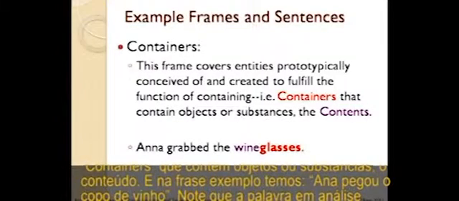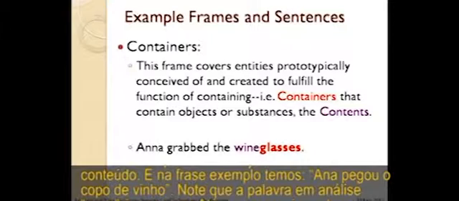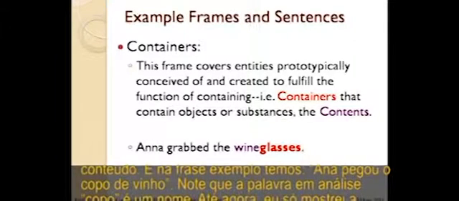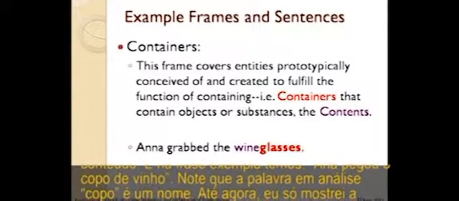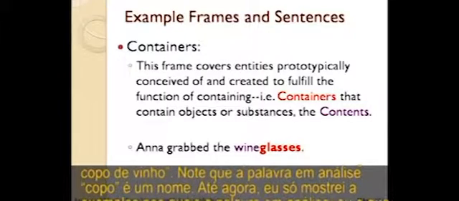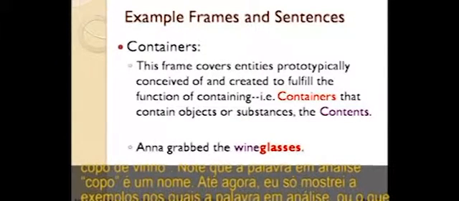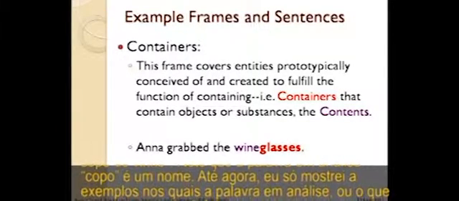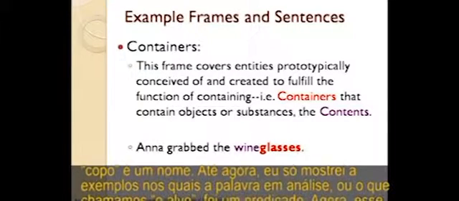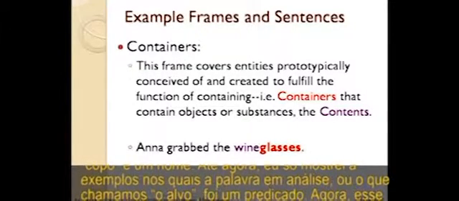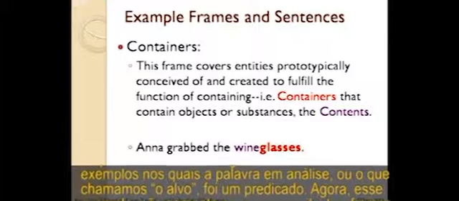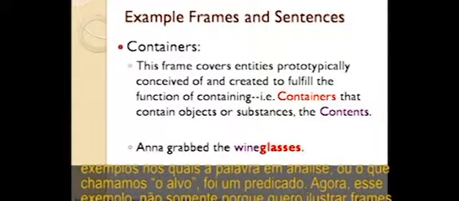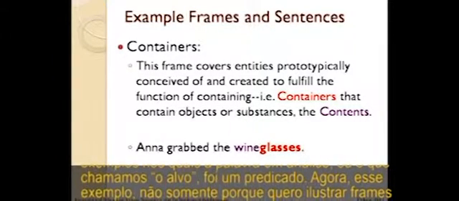Notice here that the word under consideration, glasses, is a noun. Until now, I've mostly only shown you examples where the word under consideration, or what we call the target, was a predicate.